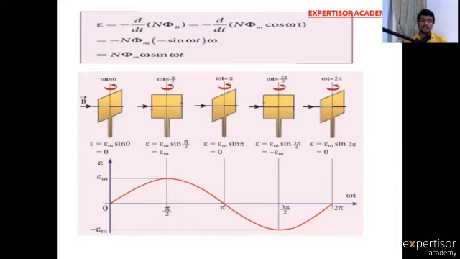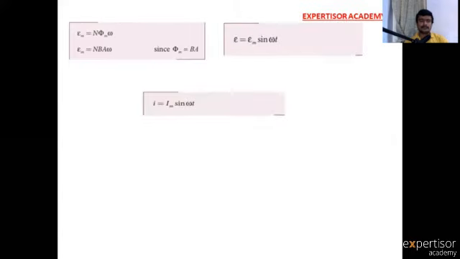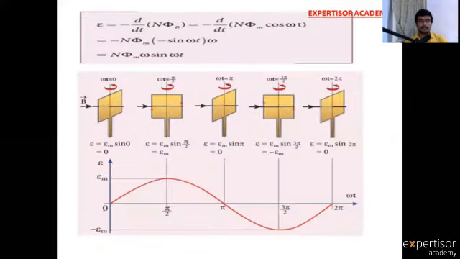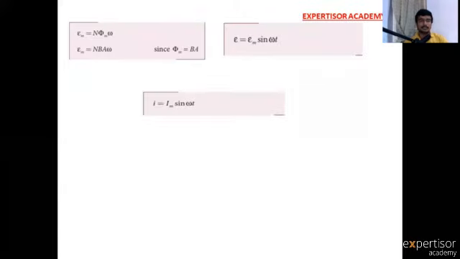So the induced EMF equation is epsilon equal to N phi m omega sin omega t. If sin omega t is maximum, that means omega t is equal to pi by 2, and the induced EMF is the maximum EMF, N phi m omega.